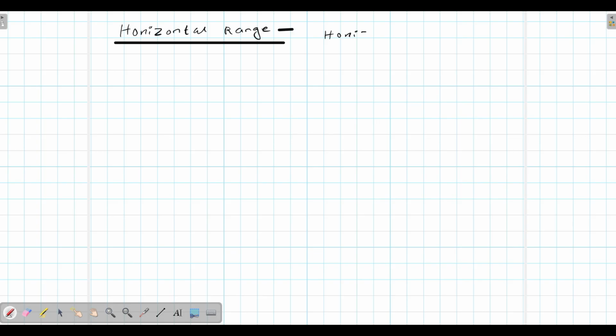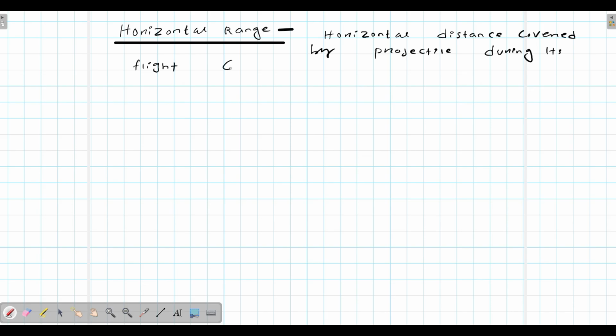Horizontal distance covered by the projectile during its flight, that is called horizontal range.